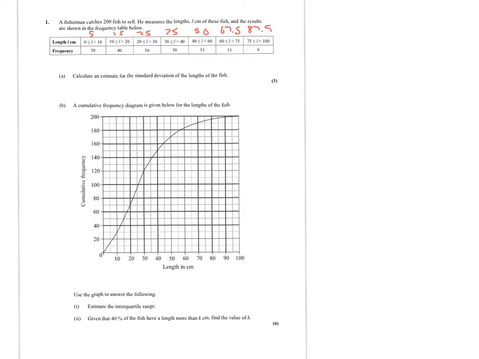Once you do that, you just plug each of these in as X into your list, and each of these in for your list 2, and you use a calculator to calculate the standard deviation. In order to use your calculator for that, you put it into list 1, list 2, you go to stat, move over to calculate, and then choose one variable stats.